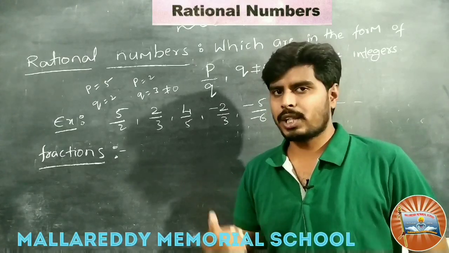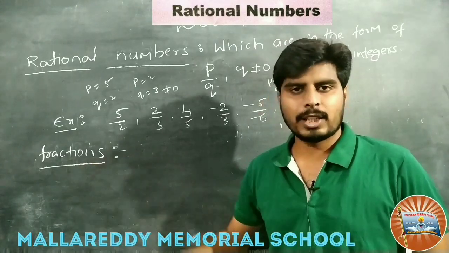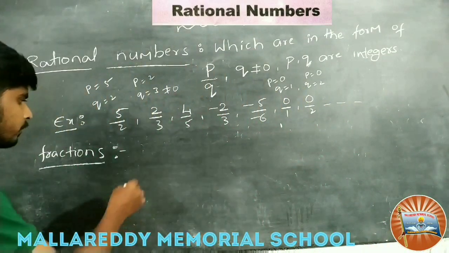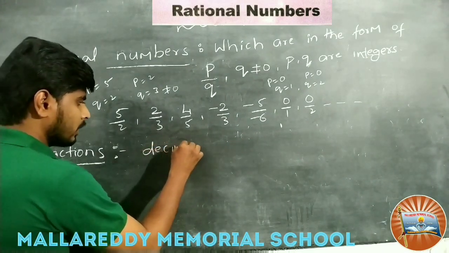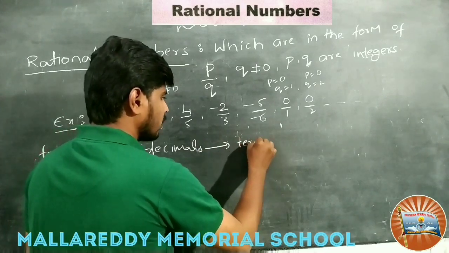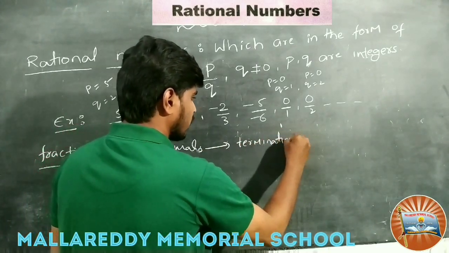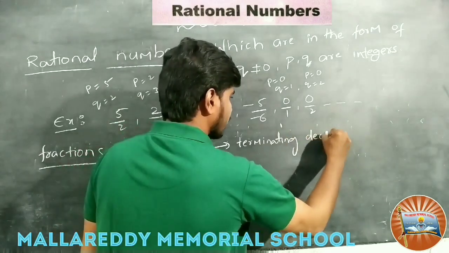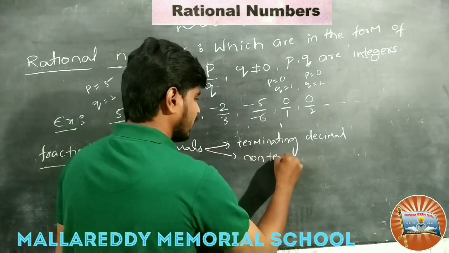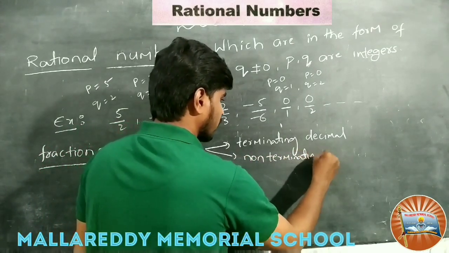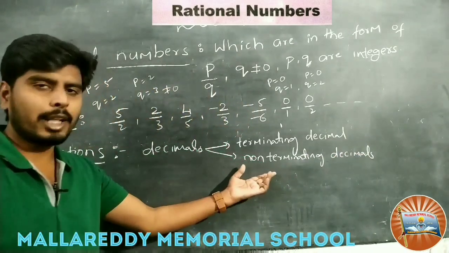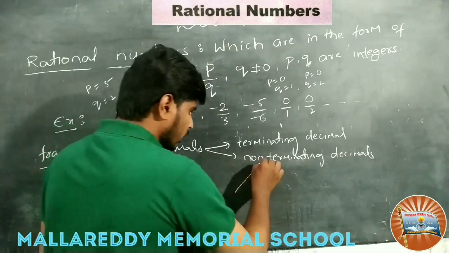In these rational numbers, the fractions we can express in the form of decimals also. These decimals are again of two types. Decimals are of two types. One is terminating decimals and the other is non-terminating decimals. In these non-terminating decimals we again have two types.